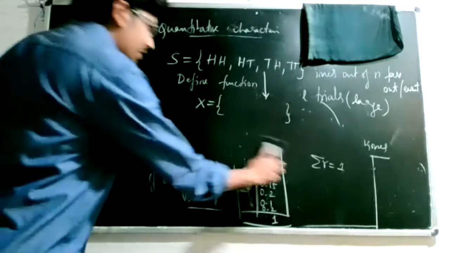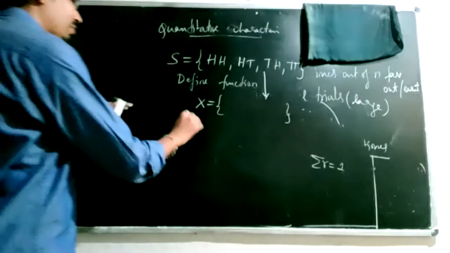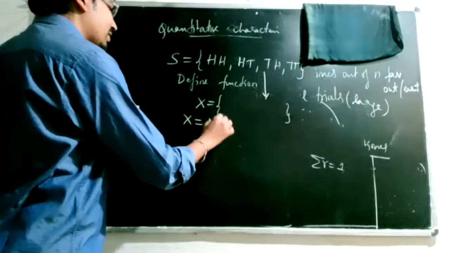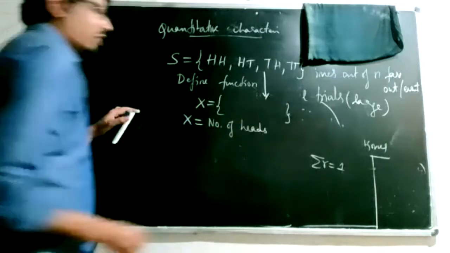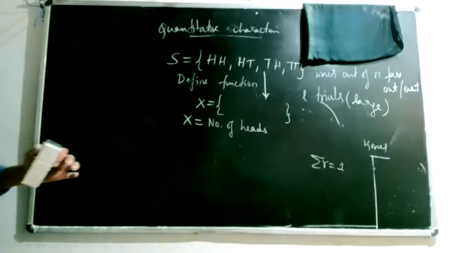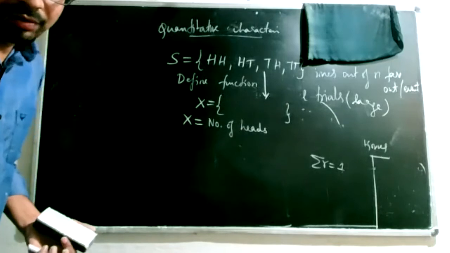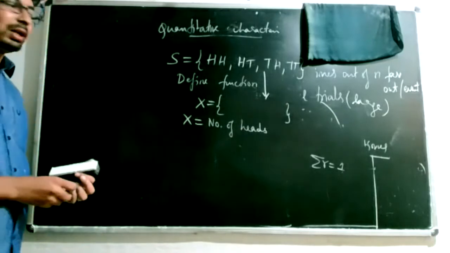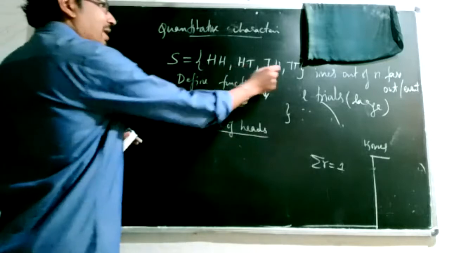There are many possible ways of defining that. I could say x is the function such that I'm counting the number of heads. So I toss 2 coins and I count how many heads are possible.